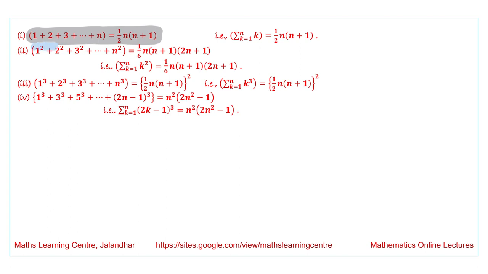Next it is 1 square plus 2 square plus 3 square and so on up to n square, the value is 1 by 6 times n into n plus 1 into 2n plus 1. Third, the sum of the cubes is given by the formula 1 by 2 into n plus 1 whole square. And if we are adding the odd values, we have the result n square into 2n minus 2n square minus 1. So these are the 4 formulas that we have derived.